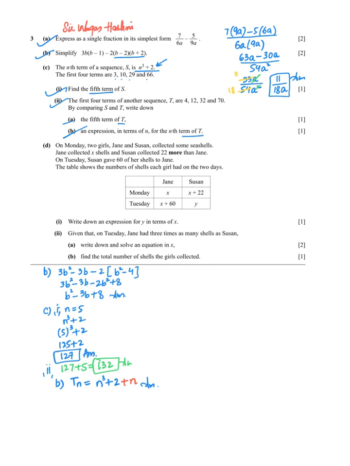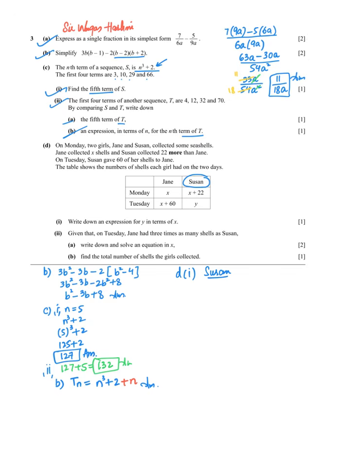So the question is quite simple, but you need to focus that we need to highlight the expression for Susan. On Monday she has 22 more than Jane, but on Tuesday she gave 60 of her shells to Jane. So it's D part 1, and we are talking about Susan here.